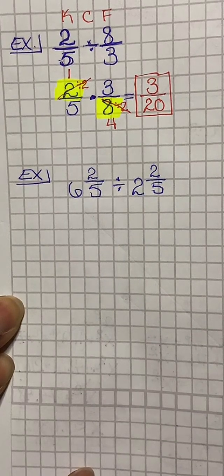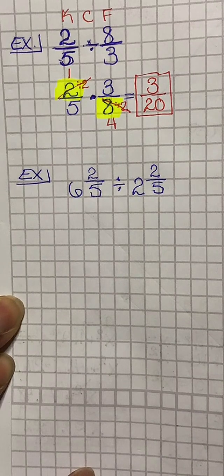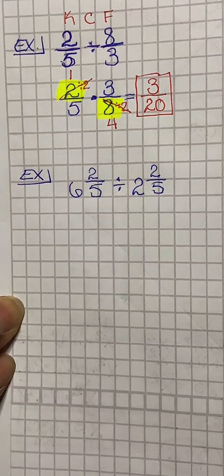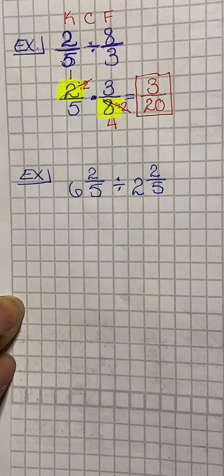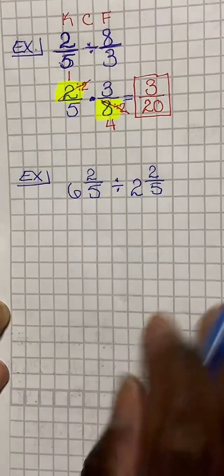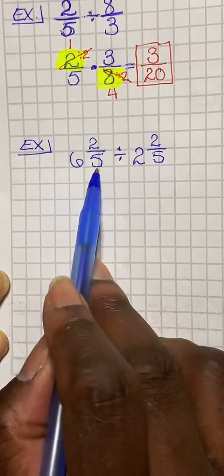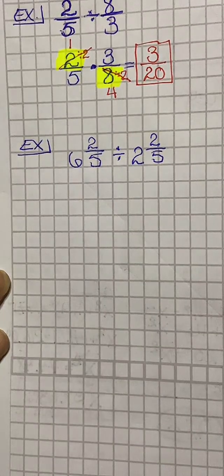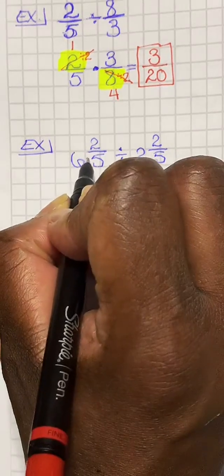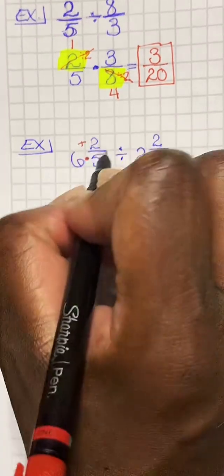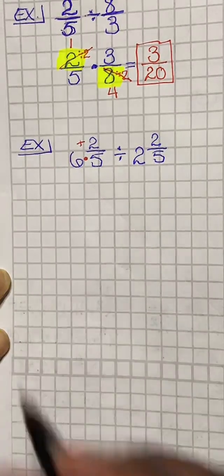Do you KCF before making them improper fractions? I would KCF first and see if you can simplify. That's what I would do first. All right. So remember, mixed number: the denominator times the whole number gives me 30, plus the numerator, which gives me 2.